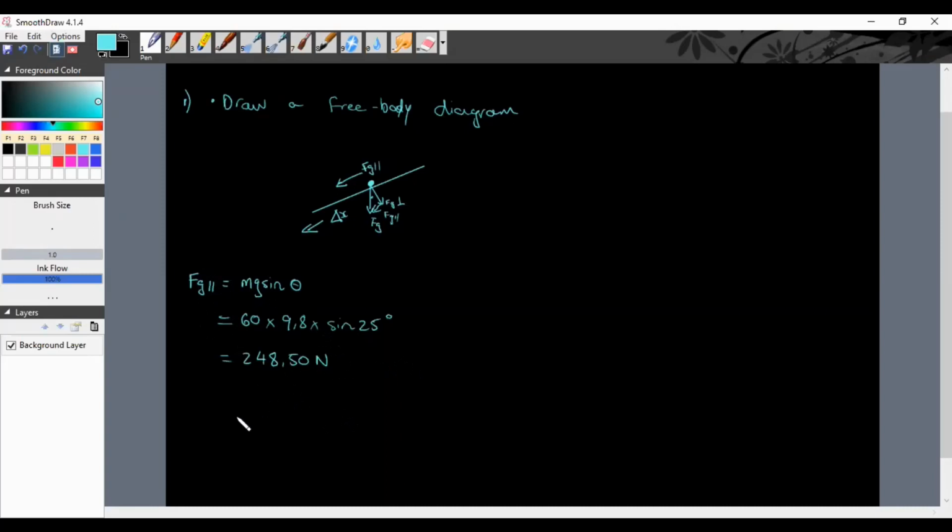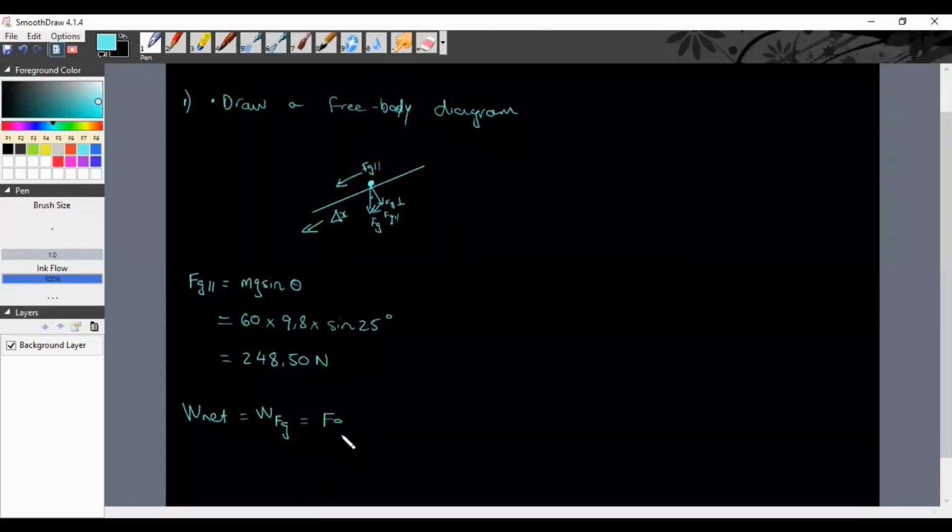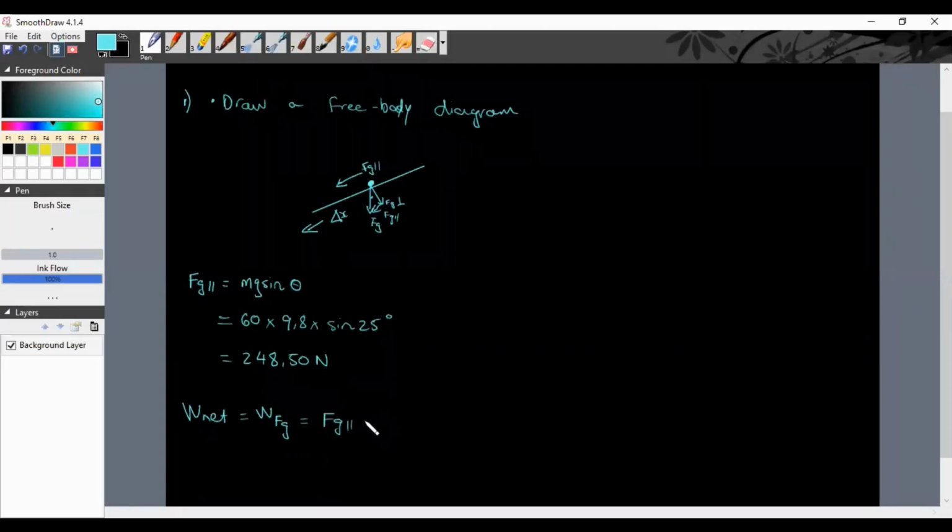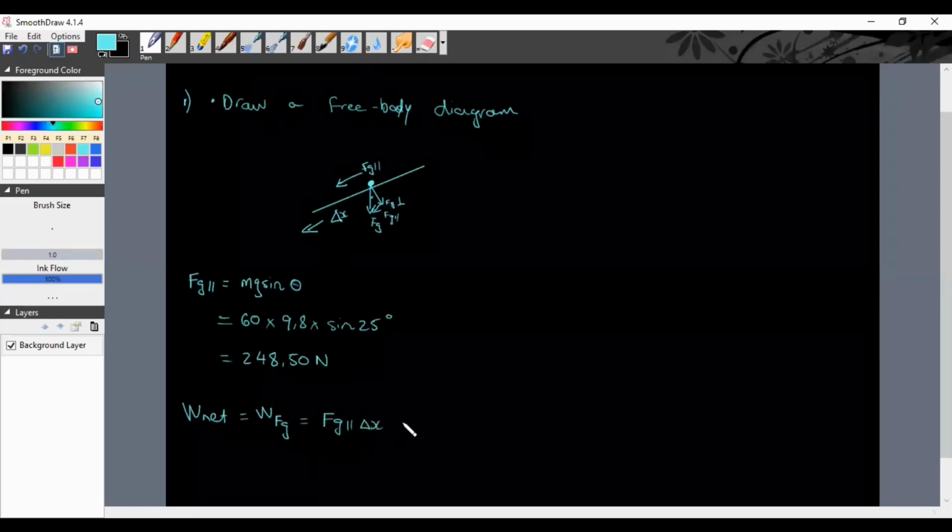Great. Now W net is only equal to the work done by the force of gravity, or the force of gravity parallel. In this case, we're using the parallel component of the force of gravity. That is equal to FG parallel delta x cos theta.